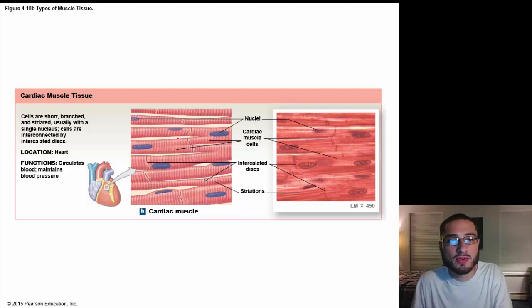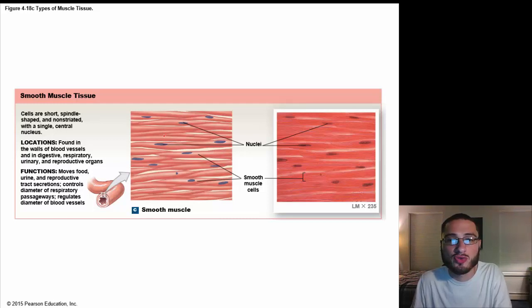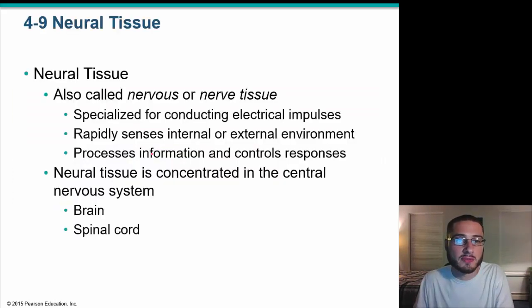Then you have your cardiac, which has striations but also many nuclei, and it has these intercalated discs. If it has intercalated discs, that's a big one that tells us, hey, this is cardiac muscle tissue. And then you have your smooth, which doesn't have those striations, and this is part of involuntary muscle movement.